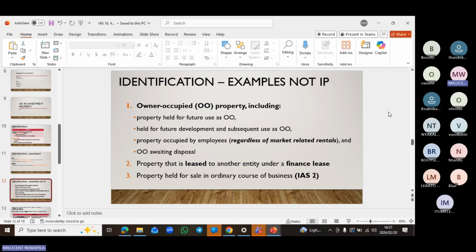So, for example, they are constructing a building that they want to use for administrative purposes, for office use. They want to use the building for offices and other things. So they are going to regard it as PPE.